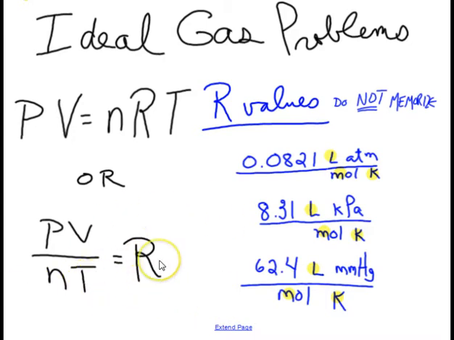In this case, it is a constant that you will either be given or you could look up to calculate a series of problems where there is only one temperature, only one pressure, only one volume given, and you want to calculate the moles. So in the other problems, we were given 2 pressures or 2 temperatures or 2 volumes, 2 numbers of moles, and we had to calculate the other variable.